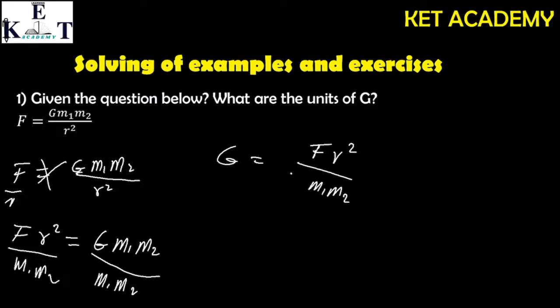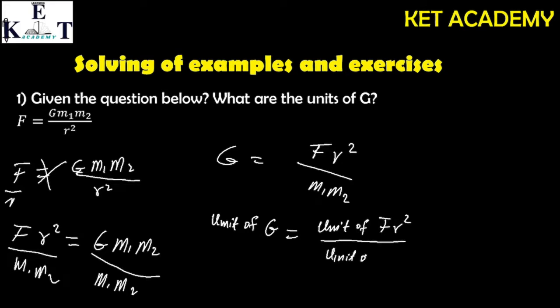Now to look for the units of G, we have to write the statement that the unit of G will be equal to the unit of F r squared divided by the unit of m1 m2. Now if you do not put this statement, everything is going to be wrong.